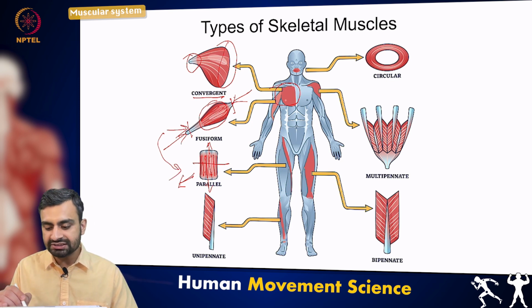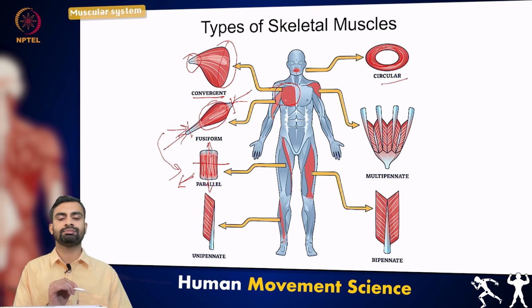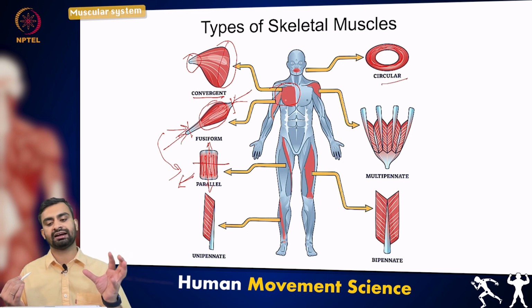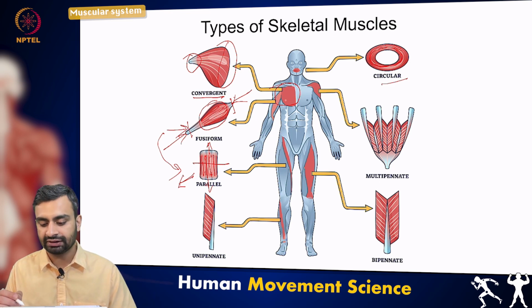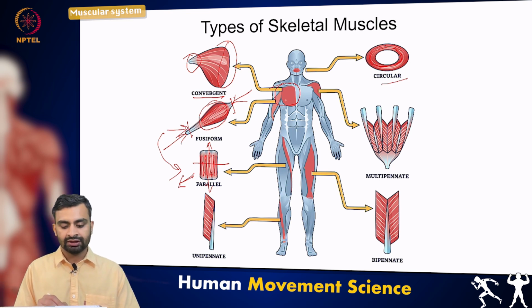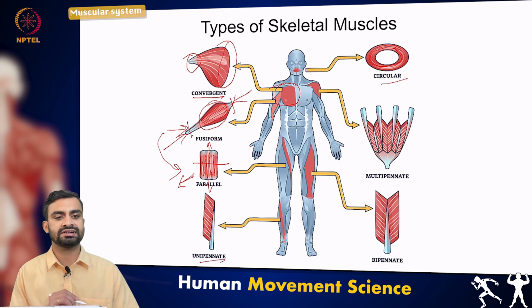There are circular muscles, which have fibers arranged in a circular manner, for example, found in our lips or in our eyes, which contract our lips or control the movement of our eyes. Another type of skeletal muscle is the unipinnate muscle.